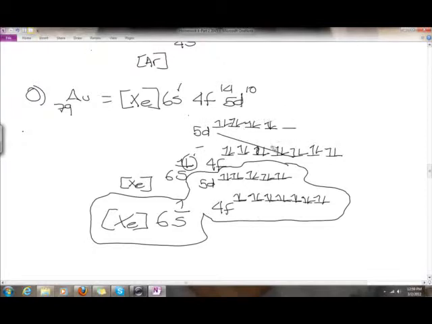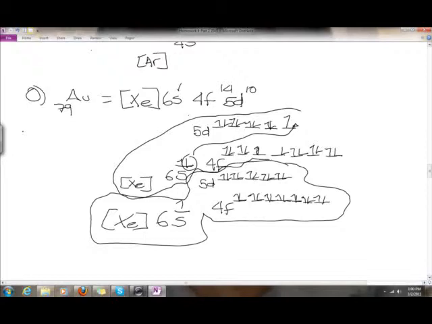Because if I ask you, let's say this is the wrong one, okay? And you have a pair here. With silver it's close to the full 5d10, and this jumps over here. I'm sorry for this. So this would be the wrong one.